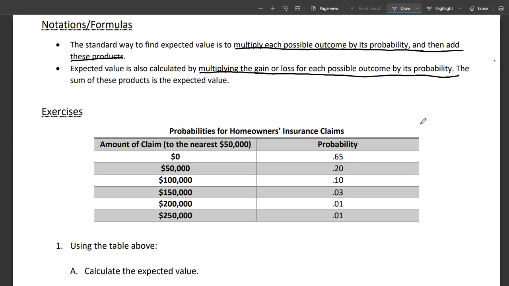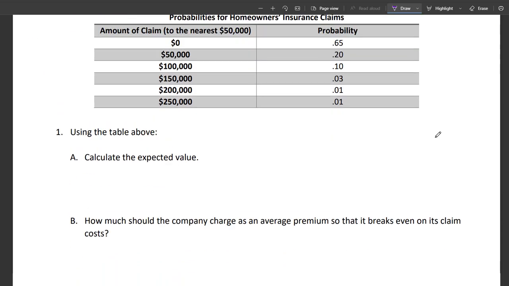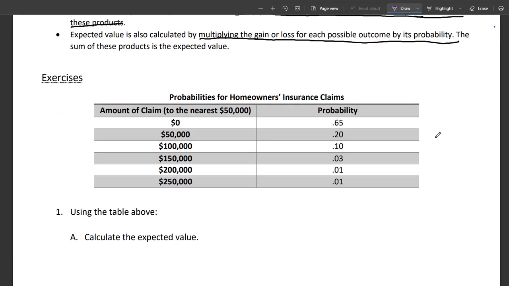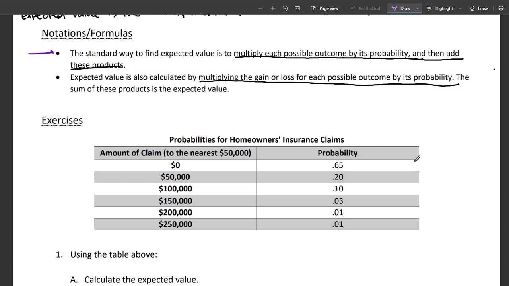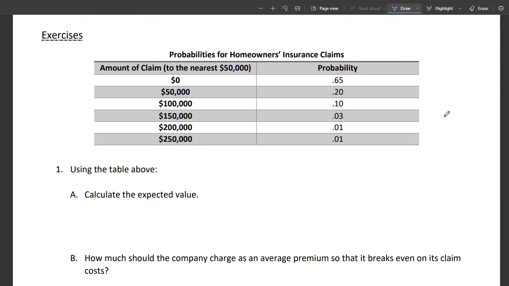The first exercise, we are going to be using the standard way to calculate expected value. We are going to multiply each possible outcome by its probability and then add these products. So we have probabilities for homeowners insurance claims. We have the claims 0, 50, all the way into 250,000.